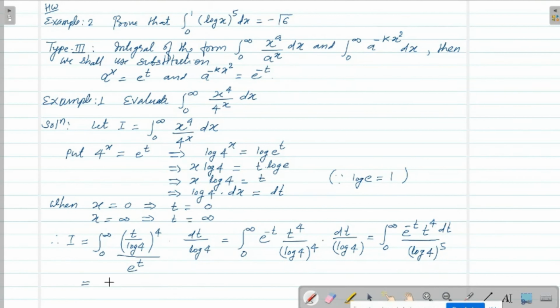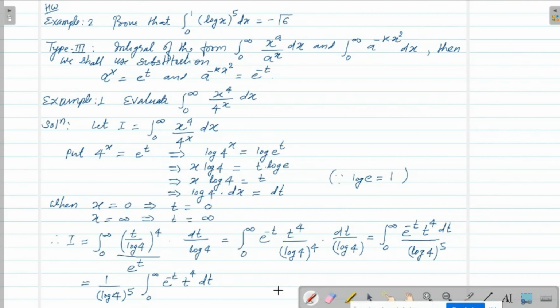So this is equal to 1 upon log 4 to the power 5, integration of limit 0 to infinity e raised to minus t and t raised to 4 dt. But this is what?